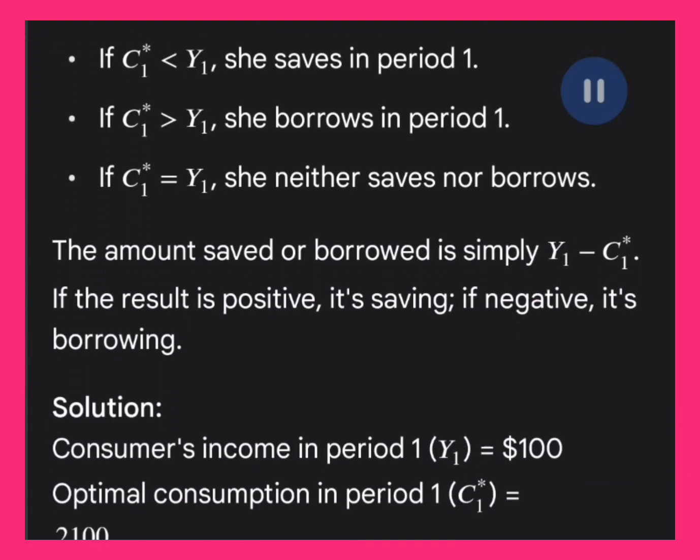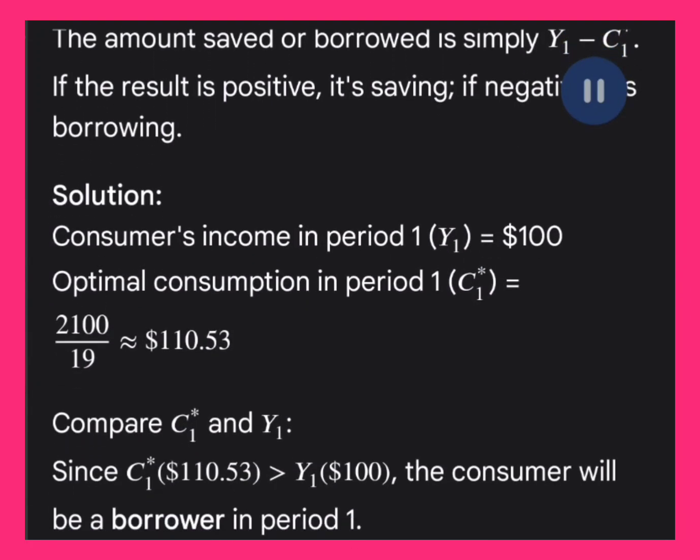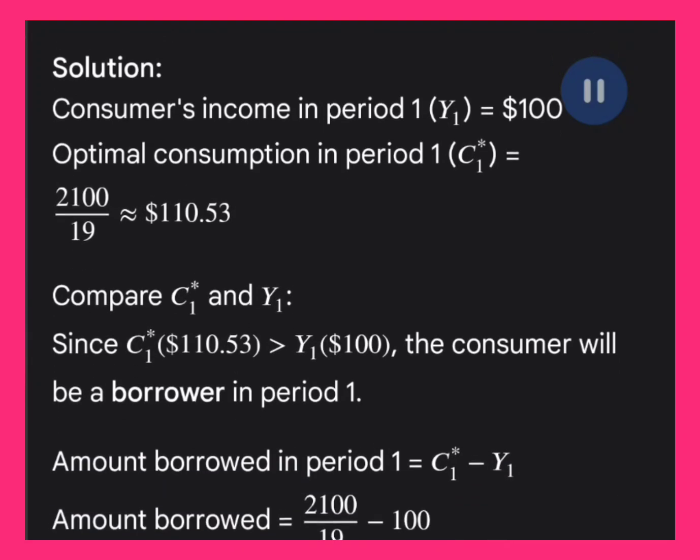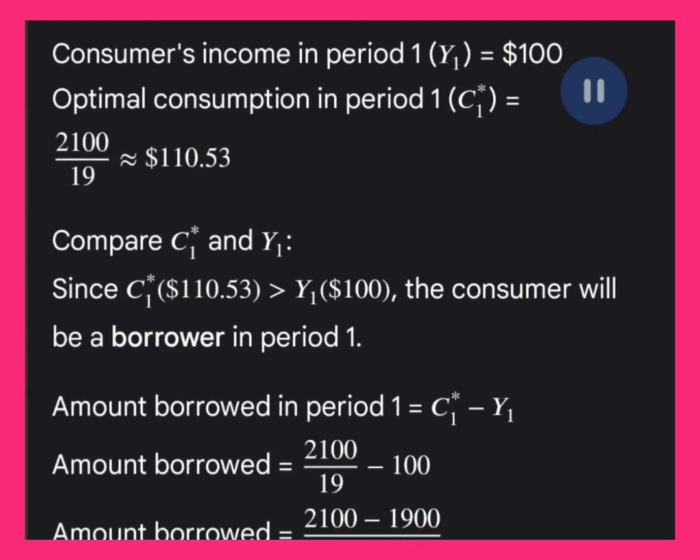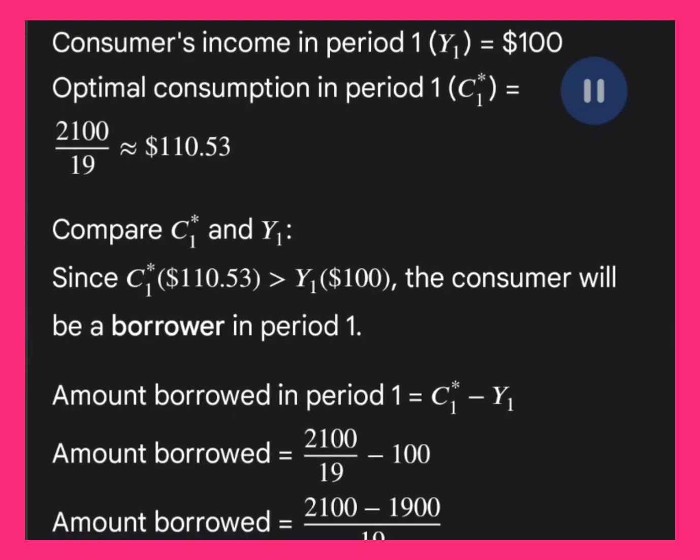Optimal consumption in period 1, c_1 star equals 2100 over 19, approximately $110.53. Compare c_1 star and y_1. Since c_1 star, $110.53, is greater than y_1, $100, the consumer will be a borrower in period 1.